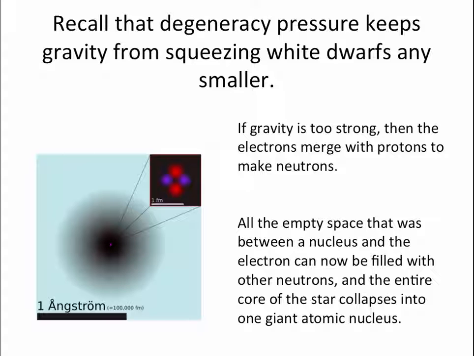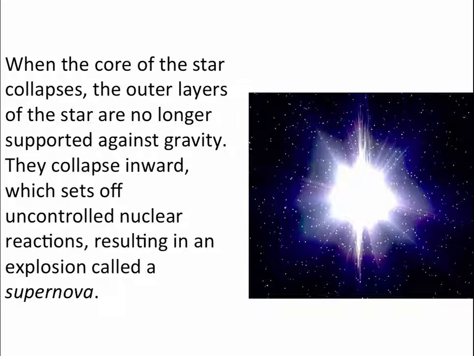It's a giant atomic nucleus made out of a sun's worth of neutrons. So the center of the star very quickly collapses downward from being relatively large to something a few miles across.